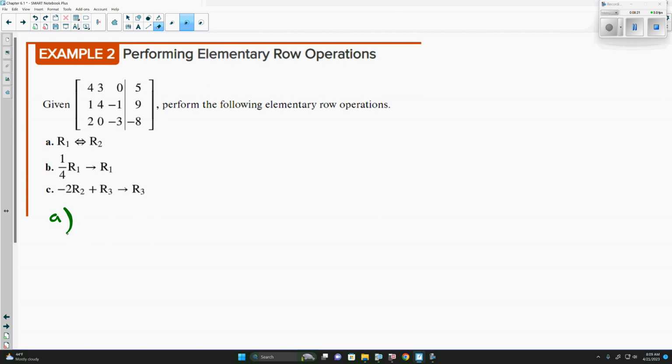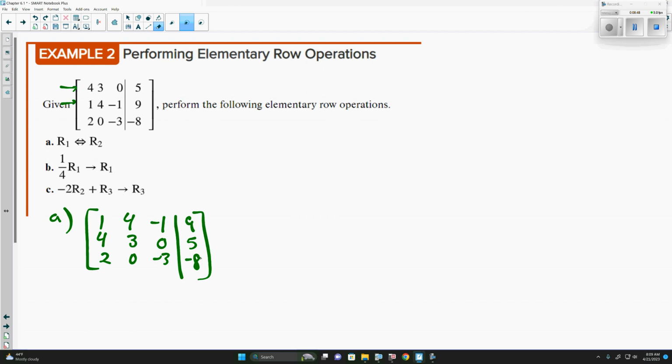So for us, all the numbers in row 1 are now going to be in row 2 and vice versa. So row 2, 1, 4, negative 1, 9 is now in the top row. The second row is all the numbers from row 1: 4, 3, 0, 5.